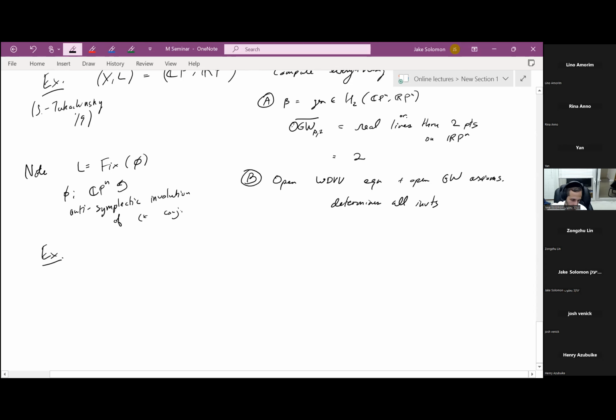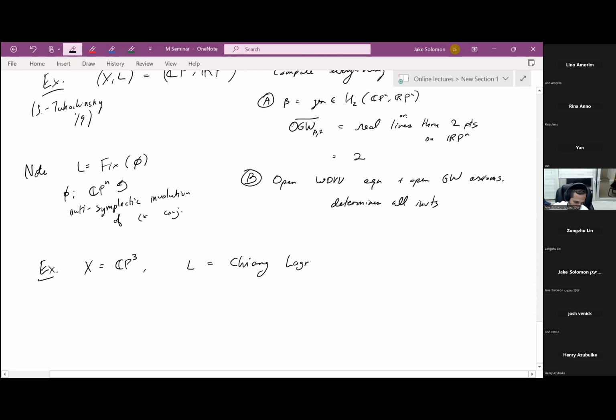And this, as I was saying, makes the obstruction theory easier. And the question was, is there some case where you can take L which was not the real points? So the case I want to consider today is projective 3 space, and L is the Chiang Lagrangian.